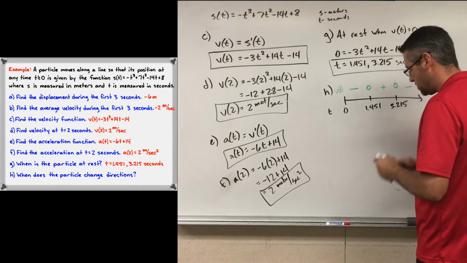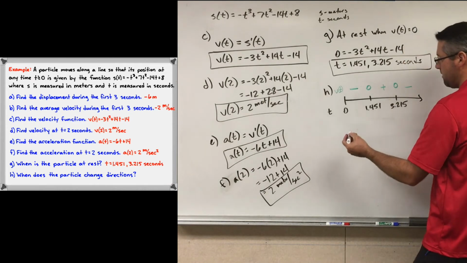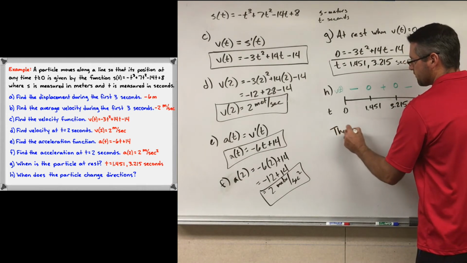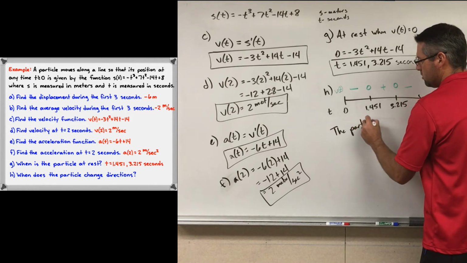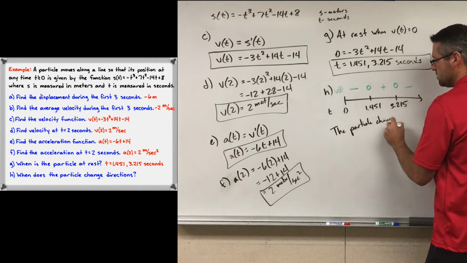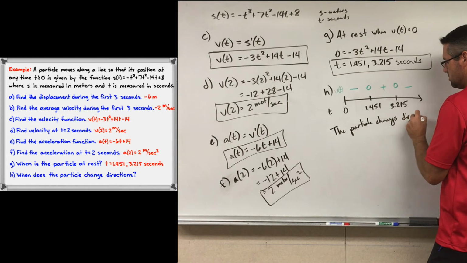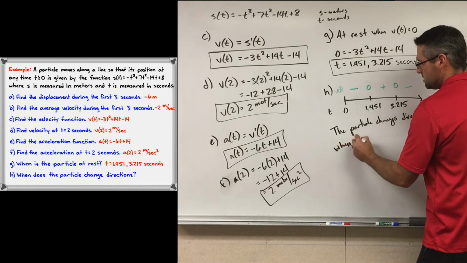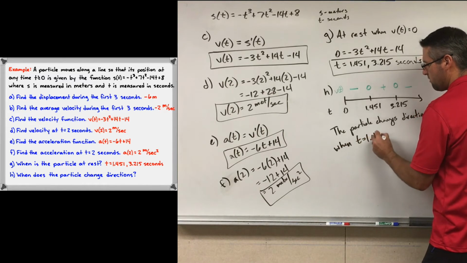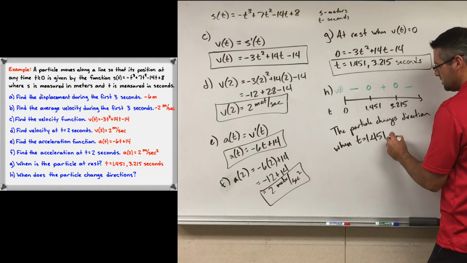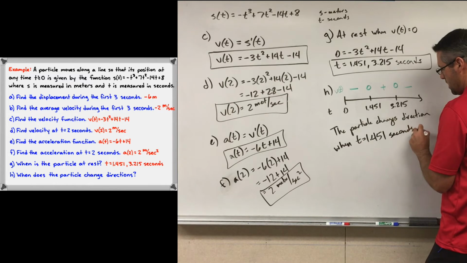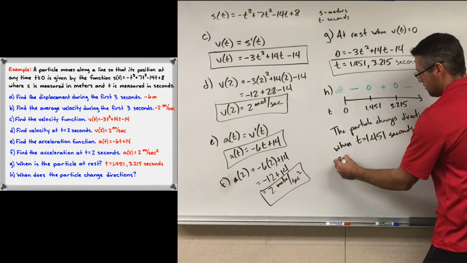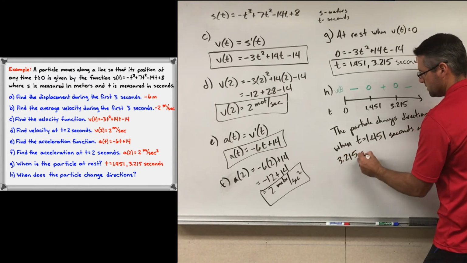So the justification that I want to use here is this. I would say the particle changes direction when t equals 1.451 seconds and 3.215 seconds.